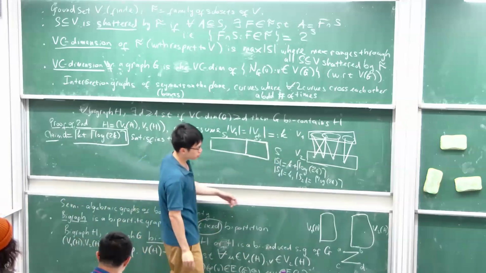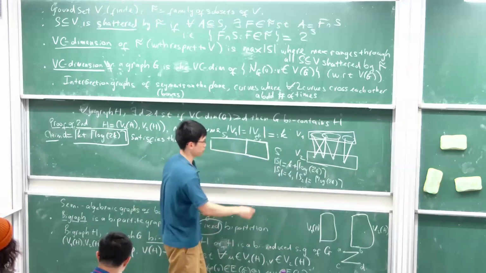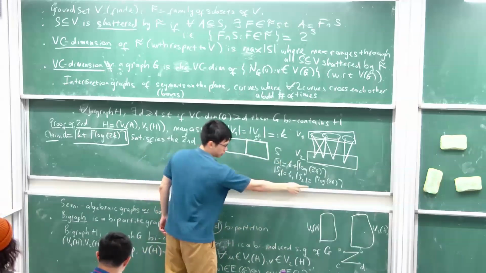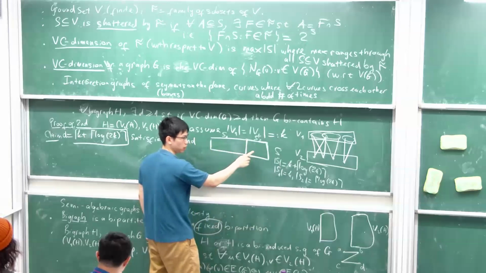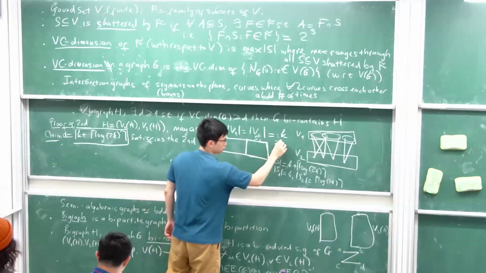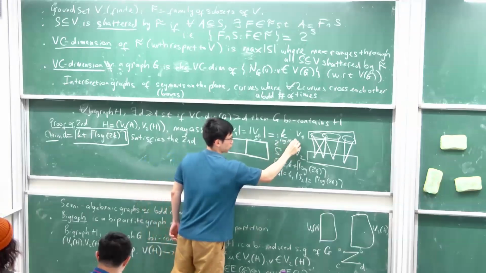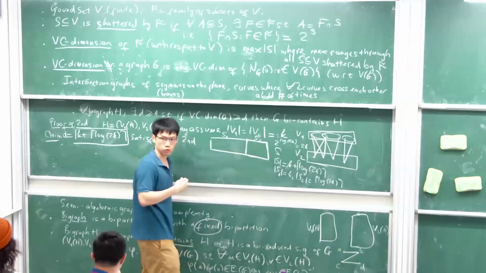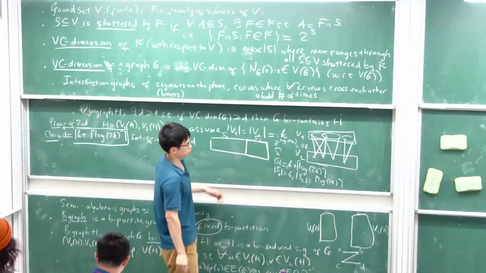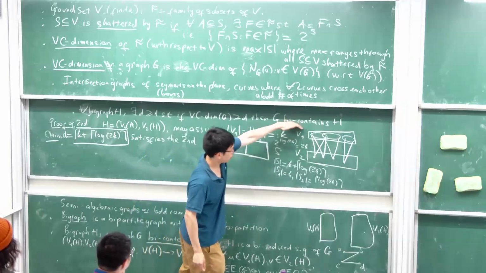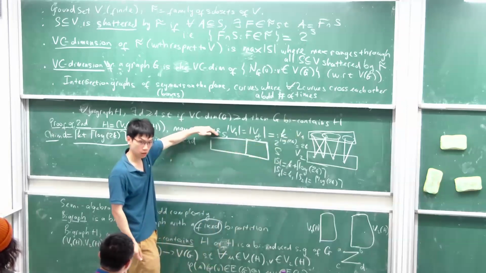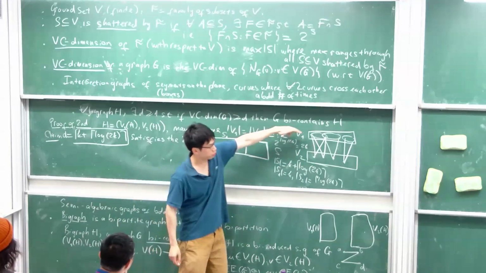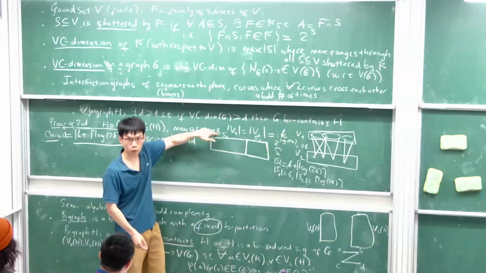The reason that I need log of 2K here is because if S2 has size exactly this, then there's going to be 2 to the log 2K, which is 2K, subsets of S2. Now both V1 and S1 have size K, so I can take an arbitrary bijection from V1 to S1.